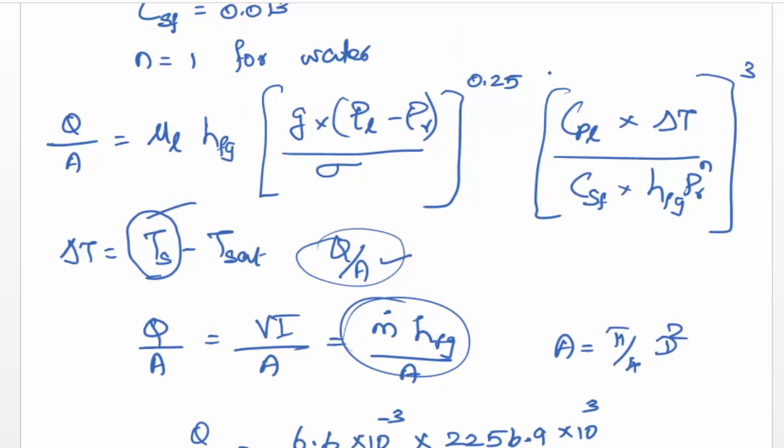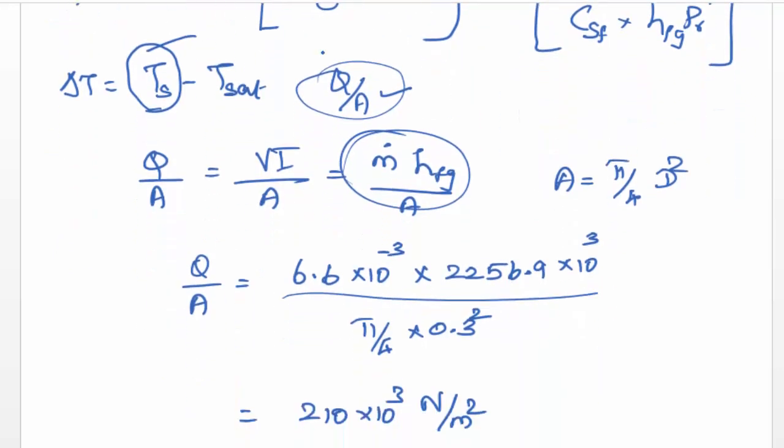Now substitute this Q by A value in this equation and find out the Ts value. So I am substituting all the values.